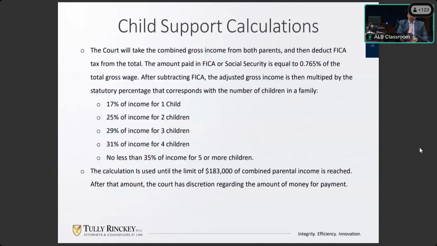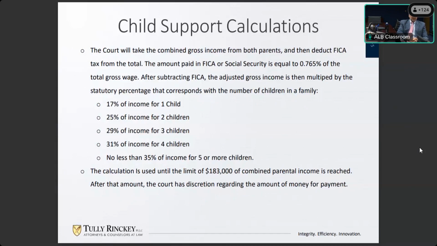Child support calculations. New York State, as we know, has a statute that sets forth specifically the child support calculations, how you figure it out, how much you have to pay per child. And again, where do you find this information? Family Court Act 413, Domestic Relations Law 240. I'm going to keep harping on this, okay?